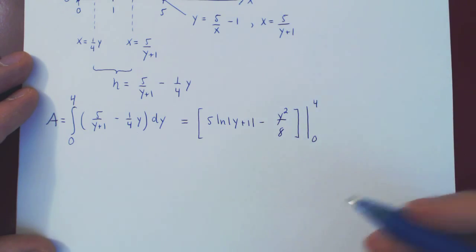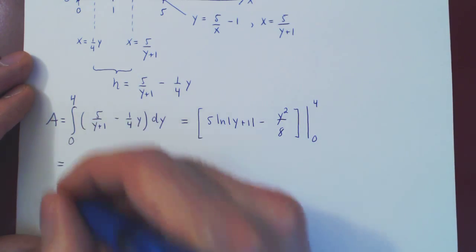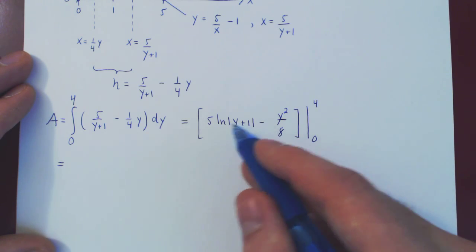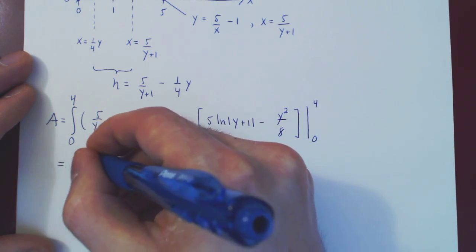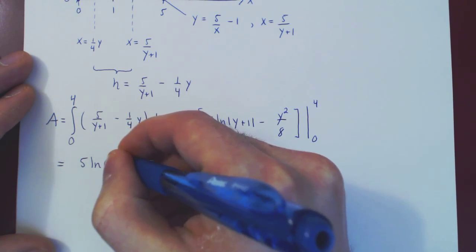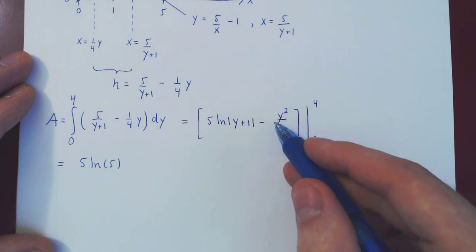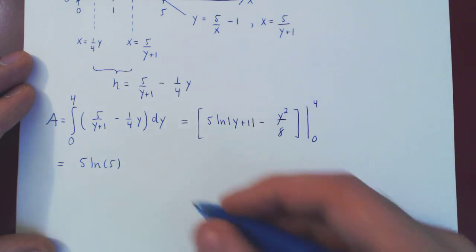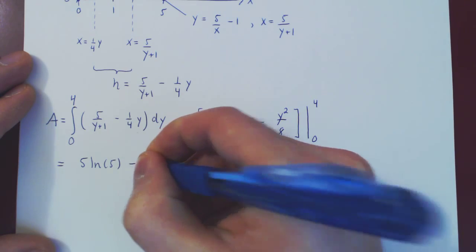So let's see what comes out. Replacing y by 4, we get 5 ln of 4 plus 1, which is 5, so 5 ln of 5. Minus 4 squared is 16, 16 over 8 is 2, so minus 2.